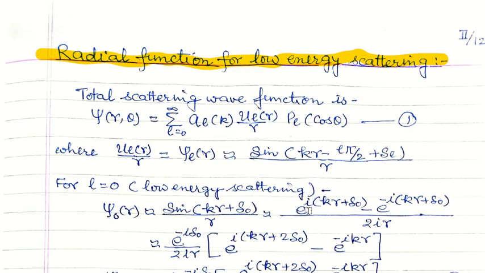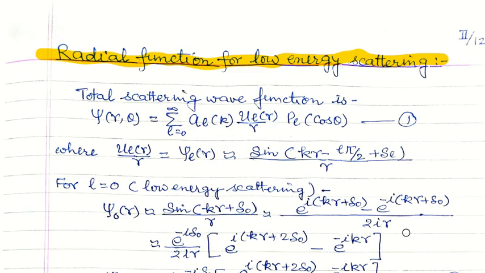The sine in terms of exponential we can write in this way: sin(kr plus delta_0) is equal to e to the power iota (kr plus delta_0) minus e to the power minus iota (kr plus delta_0) upon twice iota, and r is already there, so we get twice iota r.